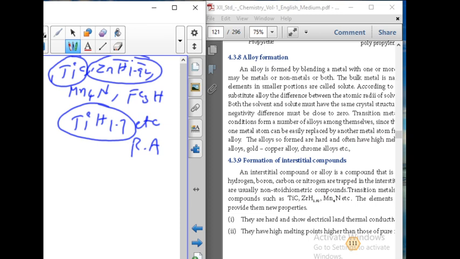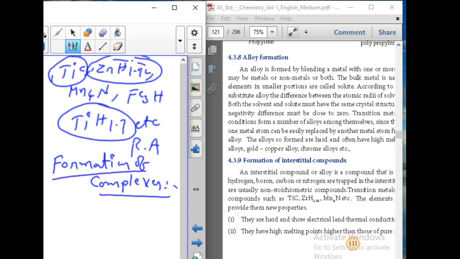Next, another important chemical property of the d and f block elements is formation of complexes. Where are we seeing complex compounds in our life? The name itself, complex, means complicated. For example, hemoglobin.